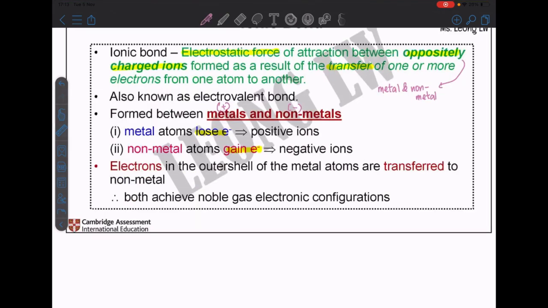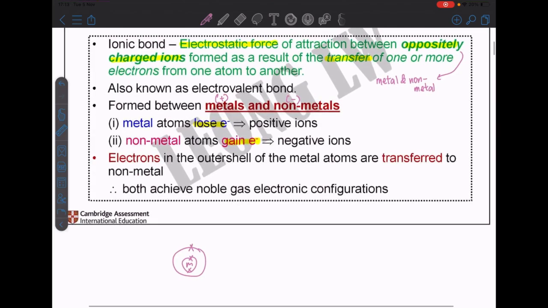So as you can see here, electrons in the outer shell of the metal atoms are transferred to non-metal, to achieve a full outer shell, which has to be either 2 or 8 in most cases.